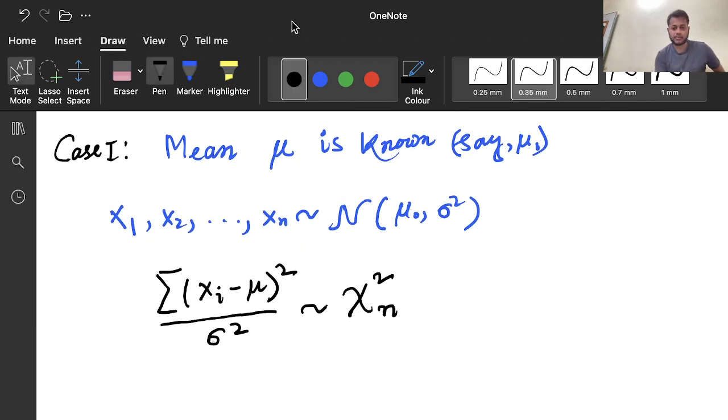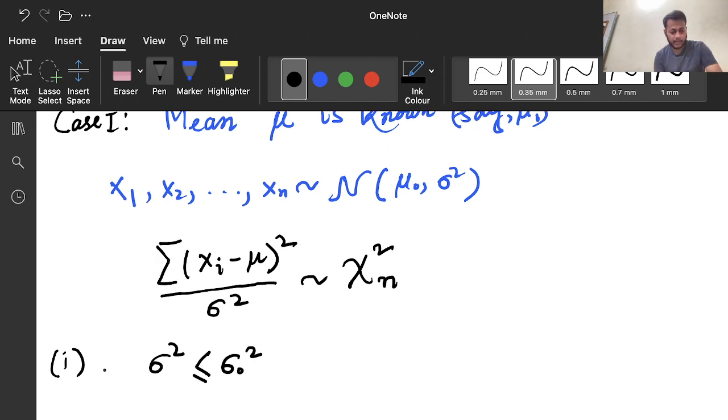Now let's write the hypotheses. This is case 1: the null hypothesis is sigma square less than or equal to sigma0 square, and the alternative hypothesis is sigma square greater than sigma0 square. Another set of hypotheses has the same alternative: H0 is sigma square equal to sigma0 square, and H1 is sigma square greater than sigma0 square.